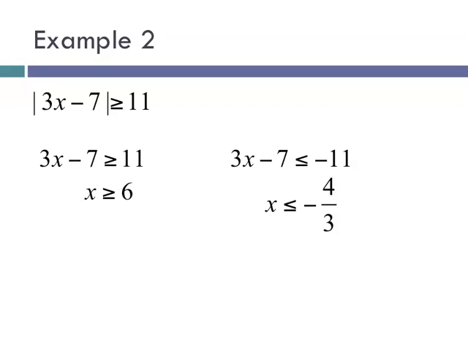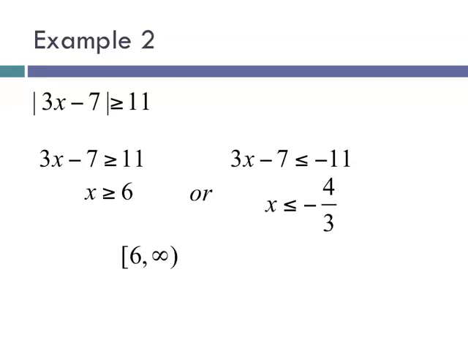So to write this in interval notation, we're going to write each interval on its own, and we'll attach it together using a union symbol. So x is greater than or equal to 6. That means that x can be equal to 6 or anything bigger than it. So from 6 to infinity with a square bracket on 6.